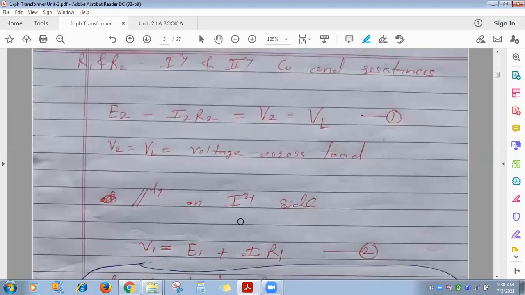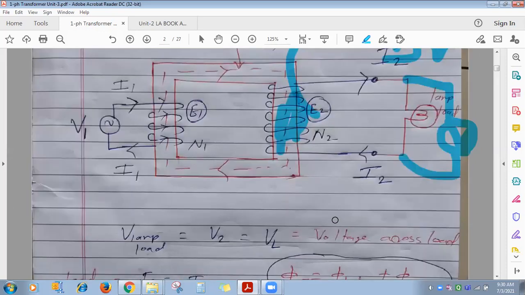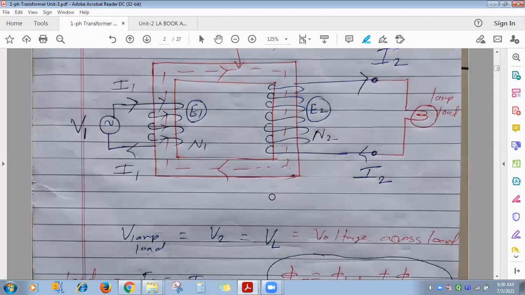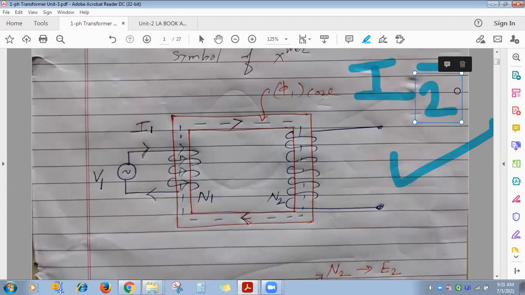Okay. Now when transformer is at no load condition, means no load is connected across transformer. What is the value of I2? Here I2 is how much? Consider transformer secondary is open, means no load is connected across transformer, means transformer is on no load.